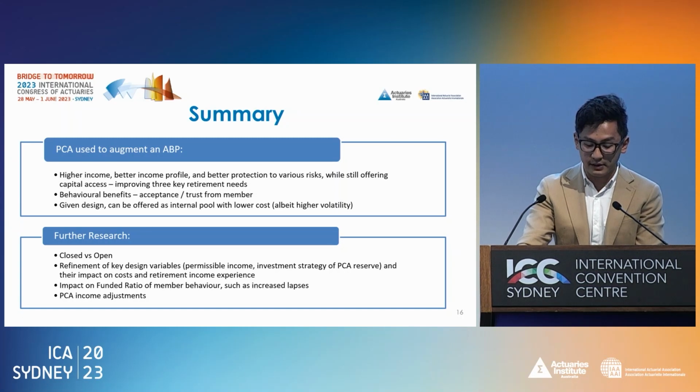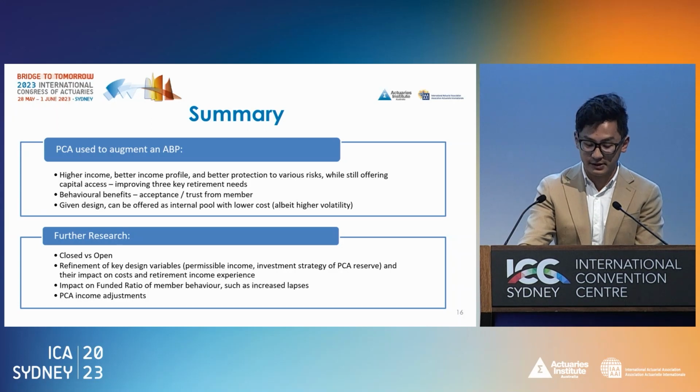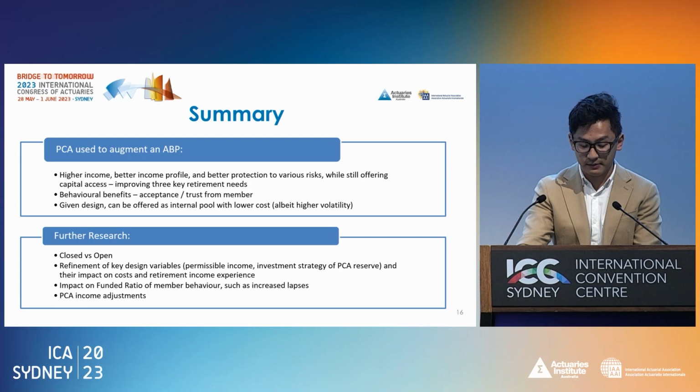As Vivian explained earlier in the presentation, there are other behavioral benefits that a PCA can provide that I won't iterate here. And finally, we just want to emphasize that what we presented today as a strawman is only an initial design. Under the design framework, you can actually come up with multiple solutions.